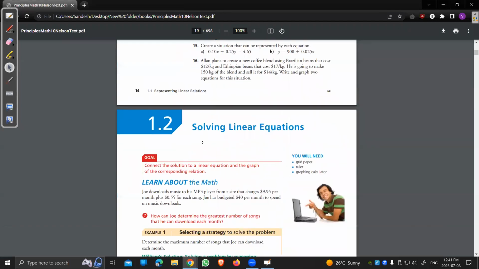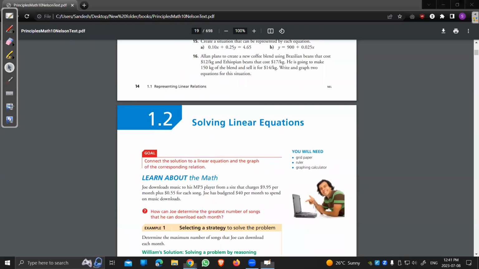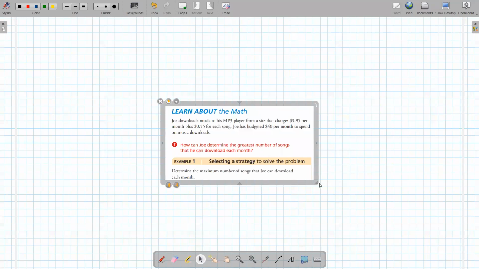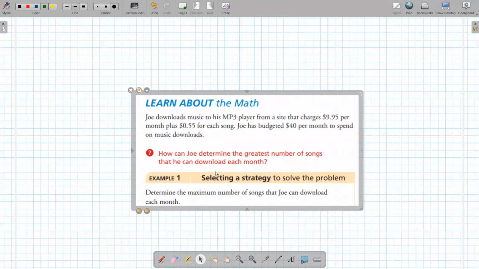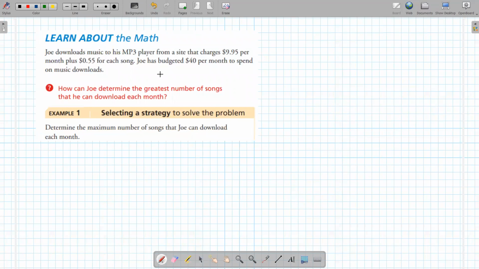Okay, let's look at this question. This is how you know this book is pretty old. It's still used to this day, but you're talking about MP3 players. You know what this is? This was before the age of cell phones.